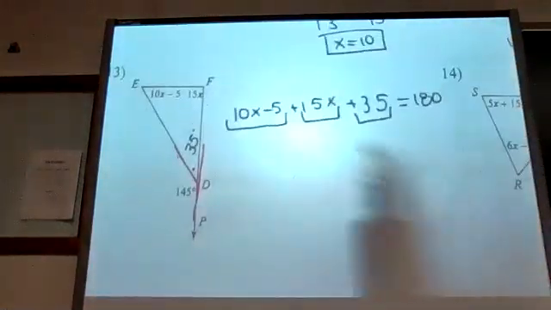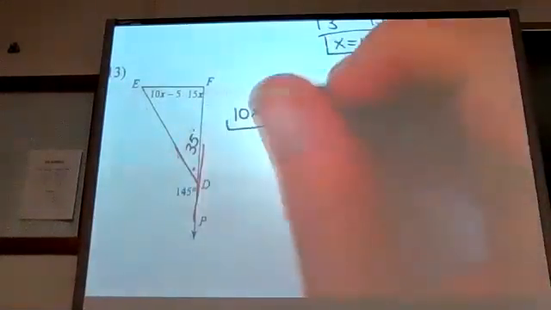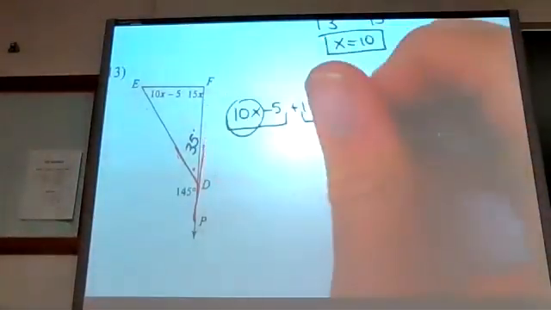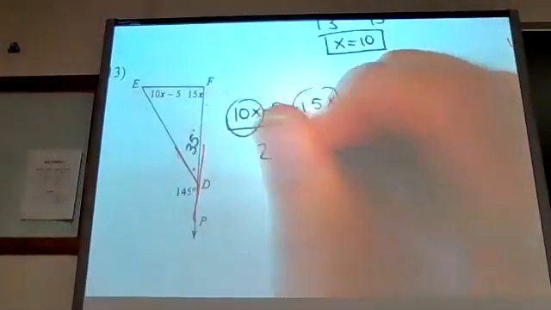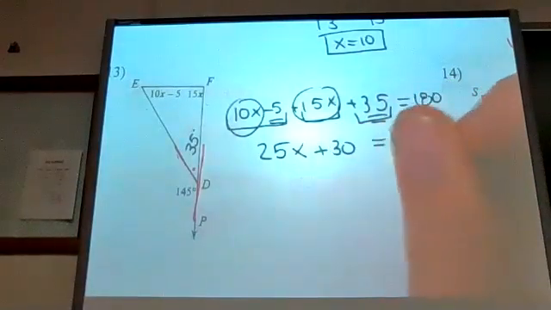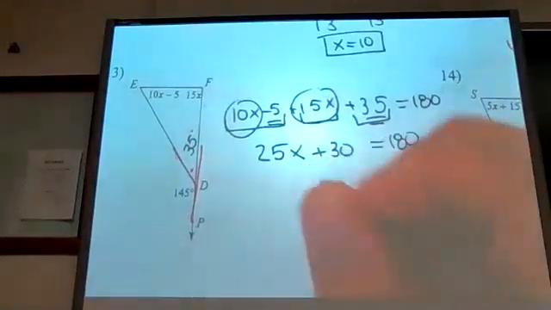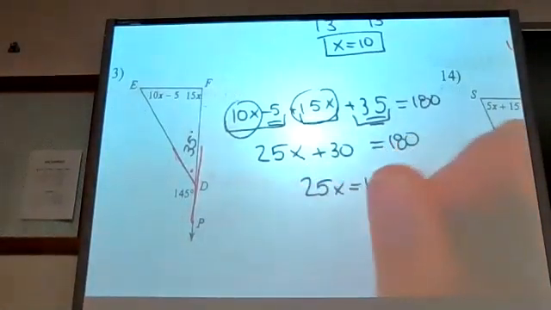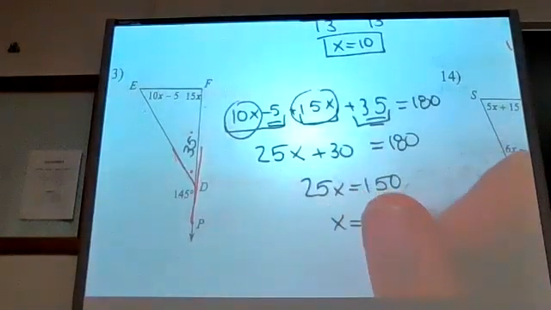Okay, so there's my three angles that are within this triangle. And then all together, I have 25 x's. And I have -5 and +35, so 30 equals 180. And now I'm on my way to solve. So I go 25x equals 150 and x equals 6.